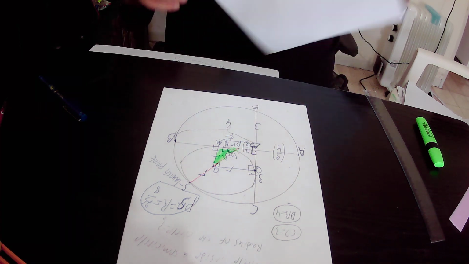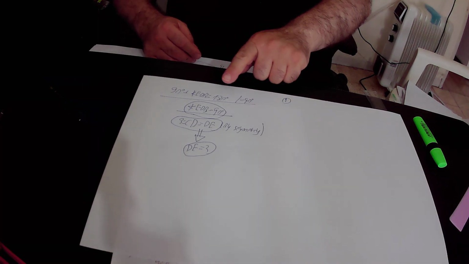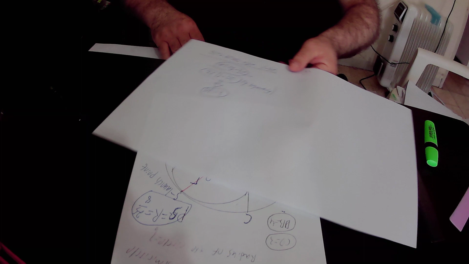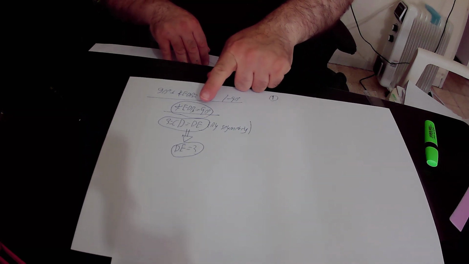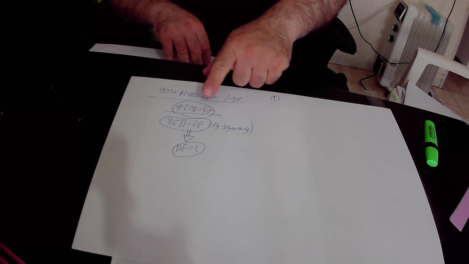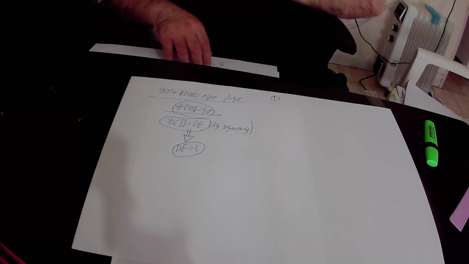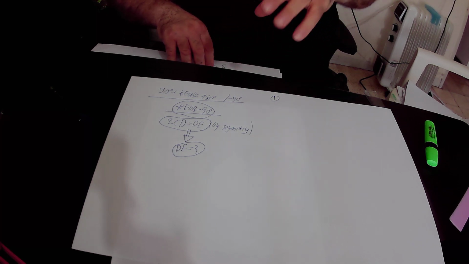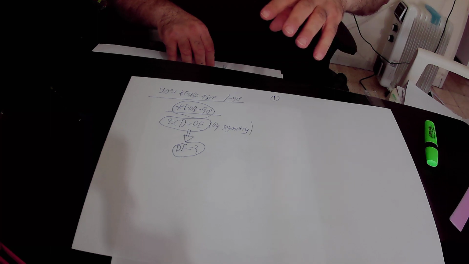So here, CD is equal to DE by symmetry. That is to say, DE is the mirror image of CD, and always the mirror image is equal to the original image itself, but the direction is the opposite direction.